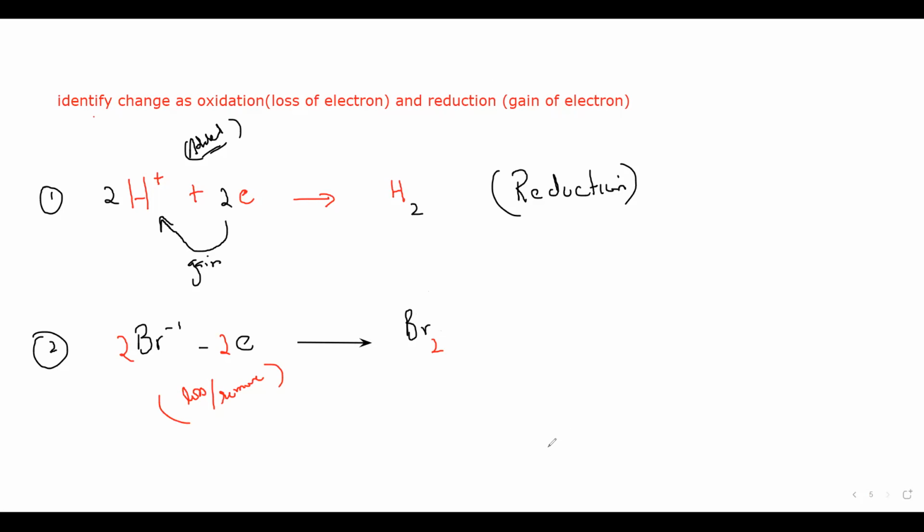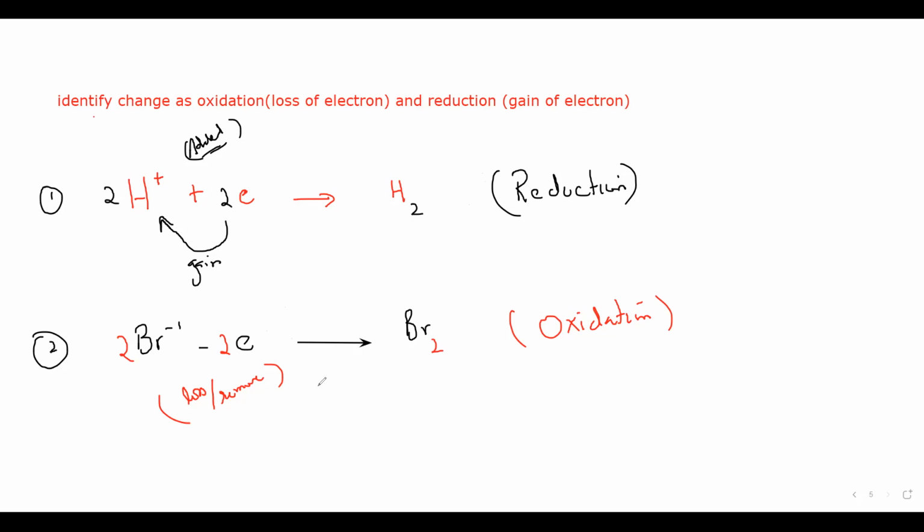So what do we call this change? When electron is removed from it, we call that oxidation. So if electron is added, we call it reduction, and if electron is removed, we call that oxidation. So reduction and oxidation you should be able to identify from the equations.